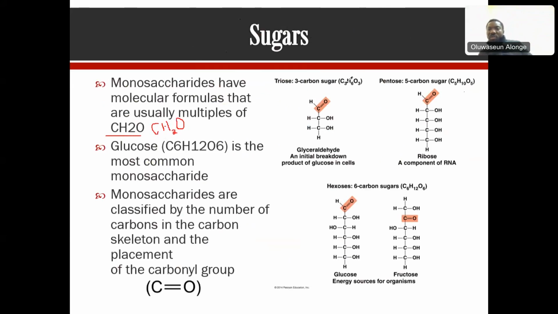Glucose is usually written as C6H12O6, just like what you see here. Monosaccharides are glucose, fructose, and the last one, galactose. So glucose, fructose, and galactose, those are the monosaccharides.